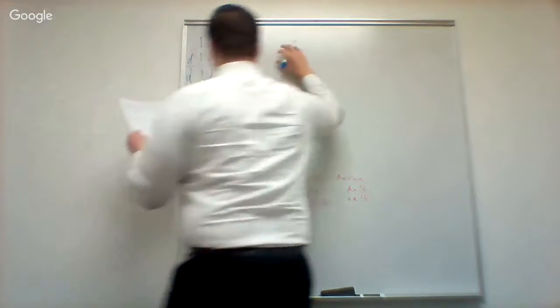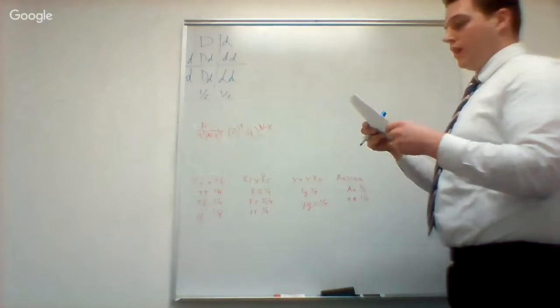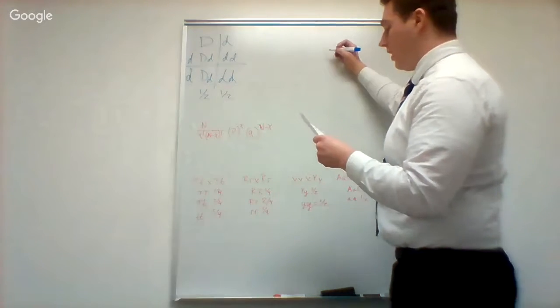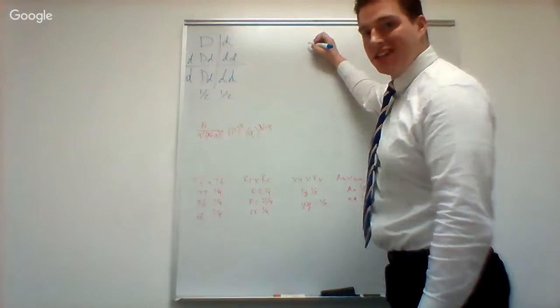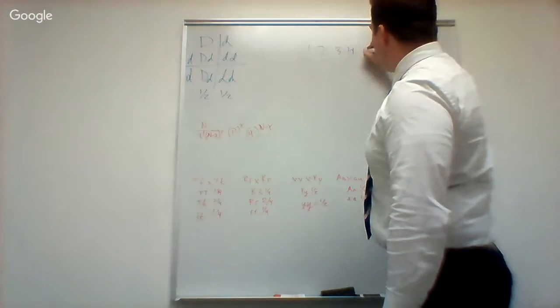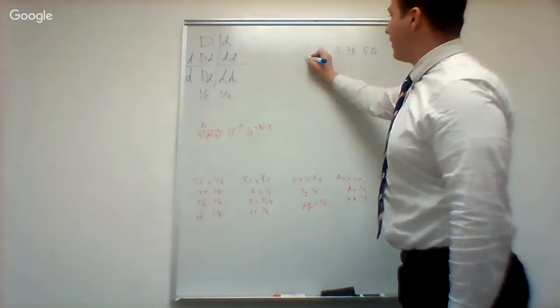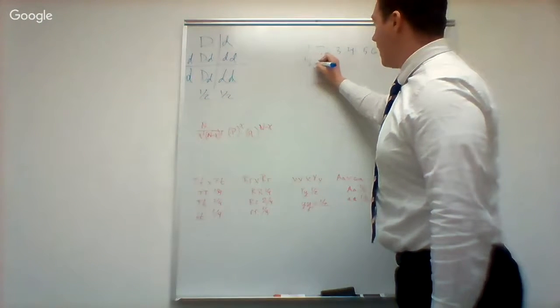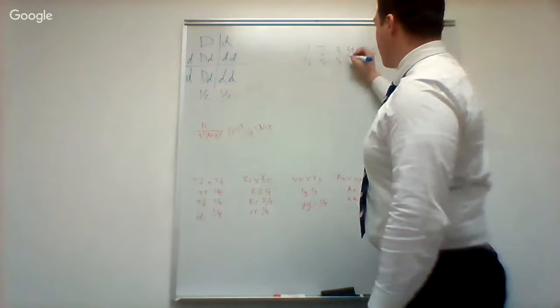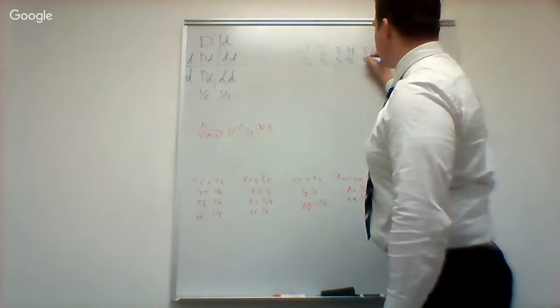Because of that, the first question asks about the probability that all 6 of the children will be affected by Huntington's disease. So it's 1, 2, 3, 4, 5, 6. If all 6 are affected, there's a half chance for each one, because it's a 50% chance that they will get Huntington's disease.